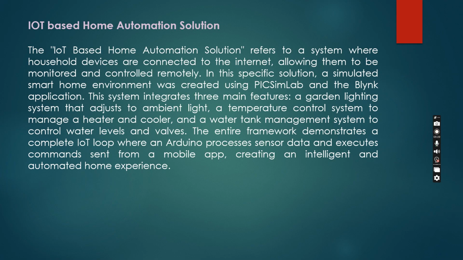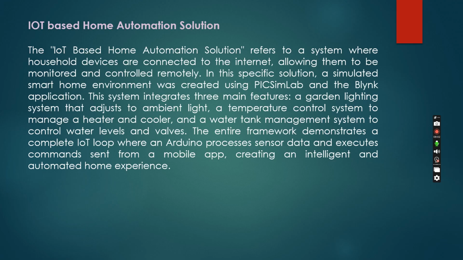IoT-based home automation solution. This system connects various home devices through the Blynk app and Arduino. Here are the components used. Garden light control is used for adjusting light based on sunlight using an LDR sensor. Temperature control uses an LM35 sensor to manage heater and cooler operations, automatically switching off if it exceeds safe levels.